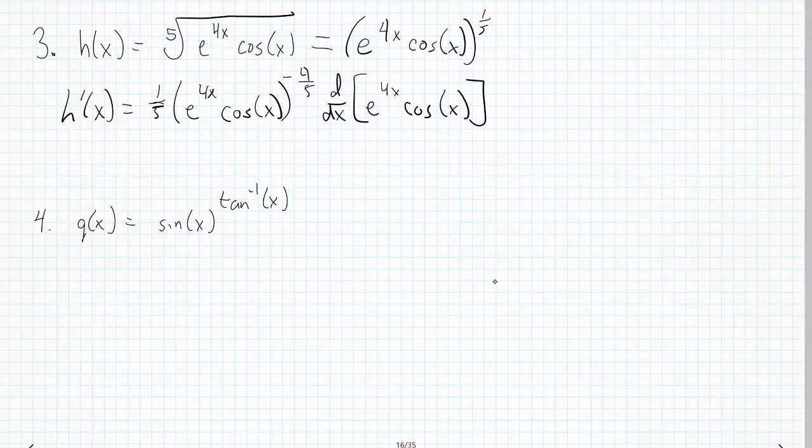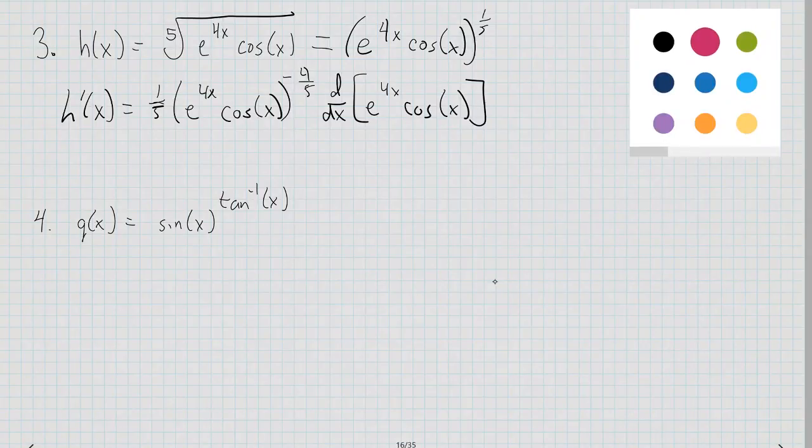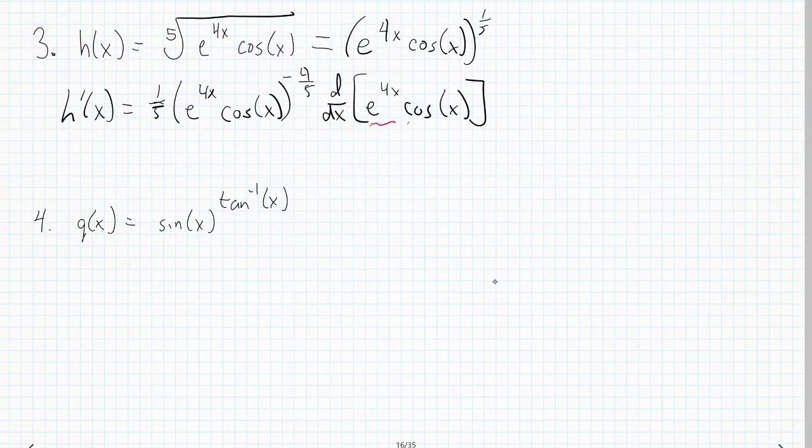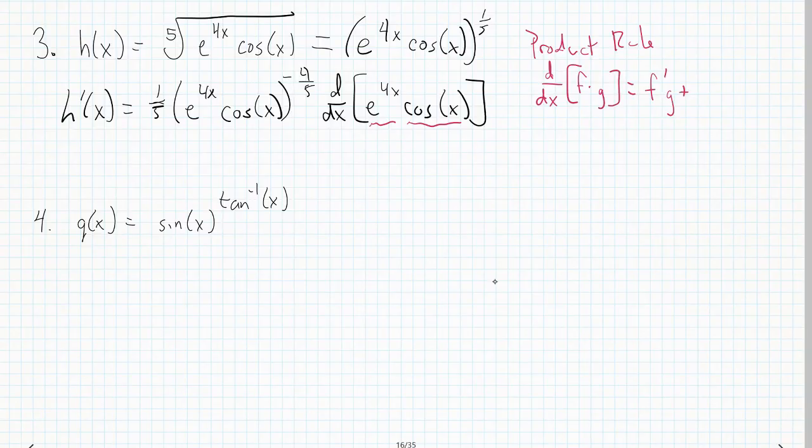This is where a lot of people start to botch up. You have a function here and a function there. That's a product of two functions, so that tells us to use the product rule. What does the product rule state? It says the derivative of f times g equals f prime g plus f g prime.